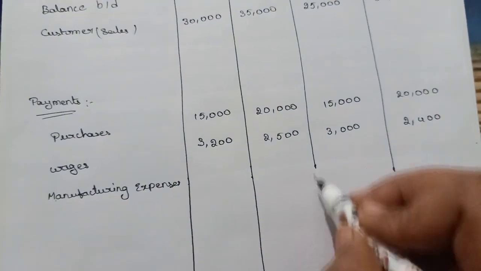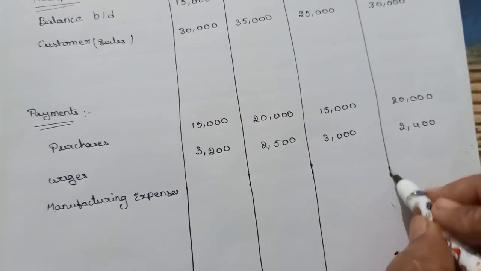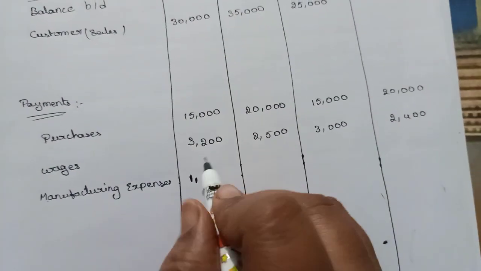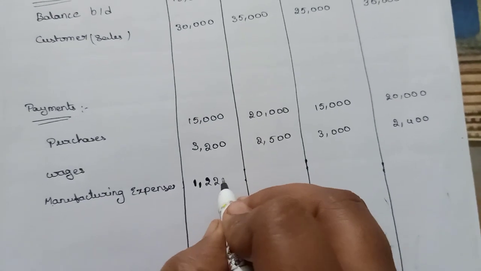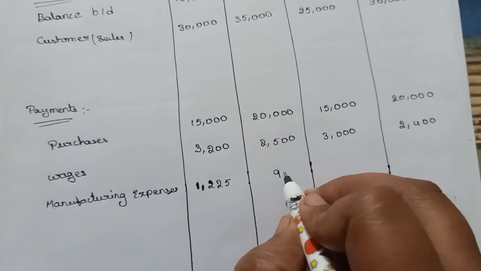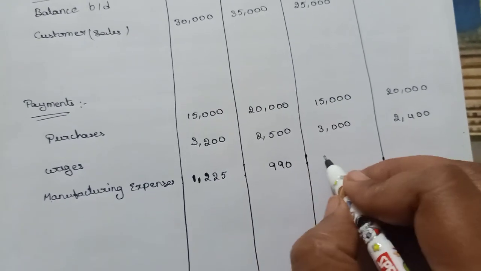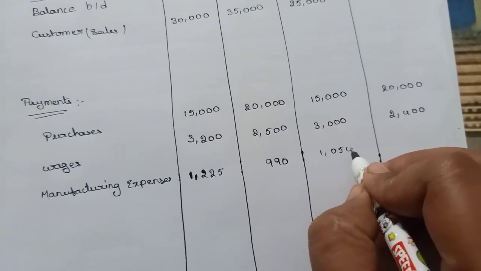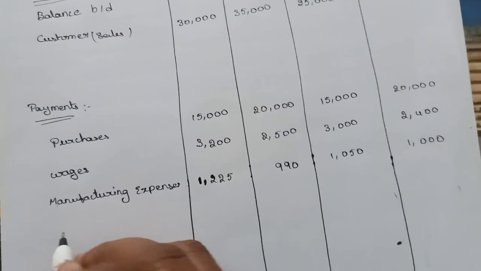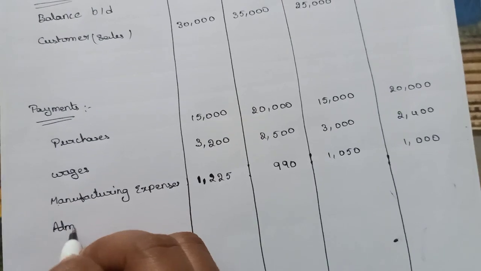Okay. Manufacturing expenses: 1,225, 190, 1050, and finally 1000. Next one, administrative expenses.